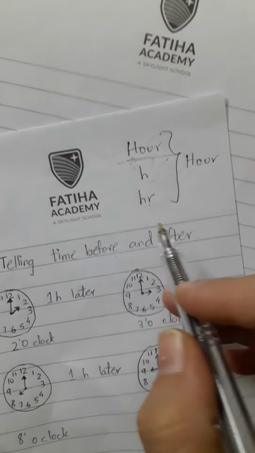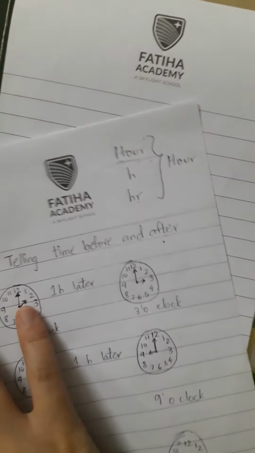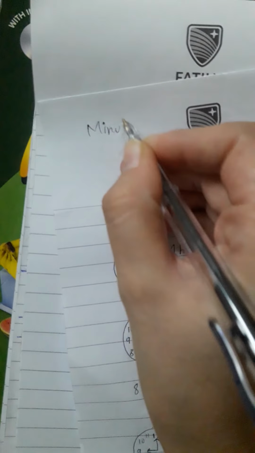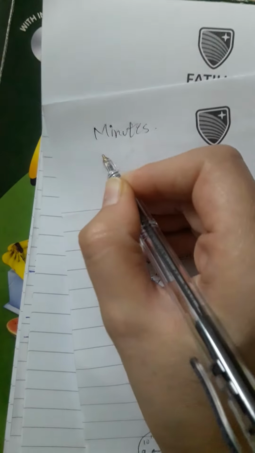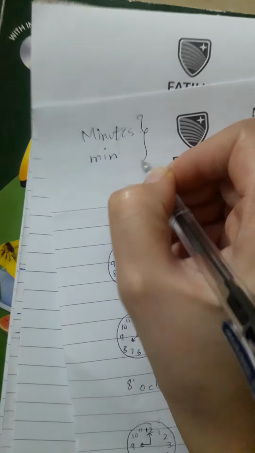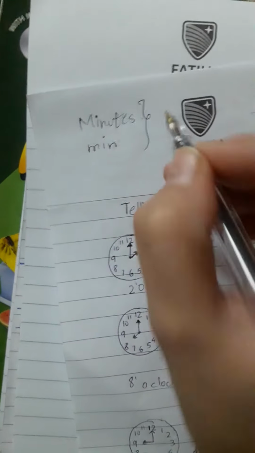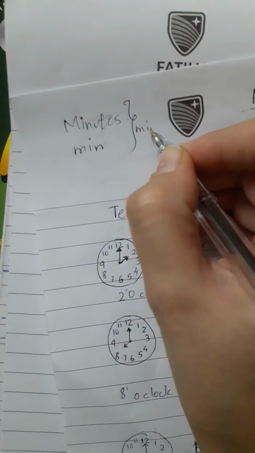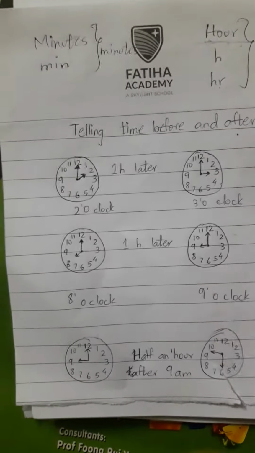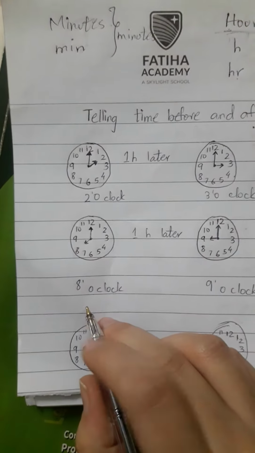So all these terms mean hour, right? But if I write M or MIN, all these terms mean that we are talking about minutes.